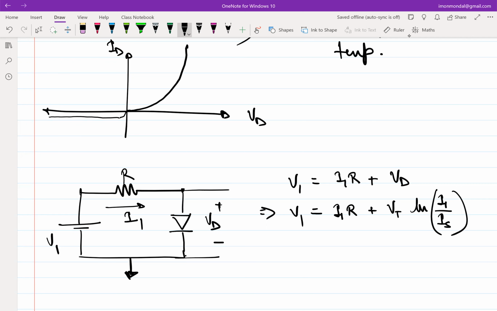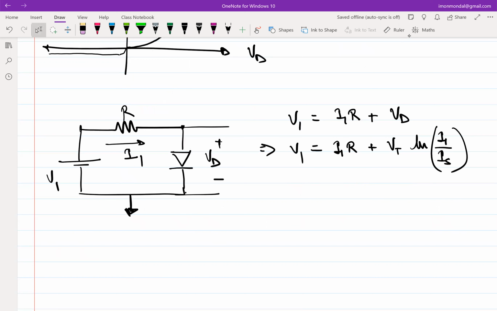So there is indeed a way of making your life easy. Let's assume that you have used your numerical solver, or your iterative method, once to put in that effort and figured out what this V1 and this I1 are. Let me assume that.